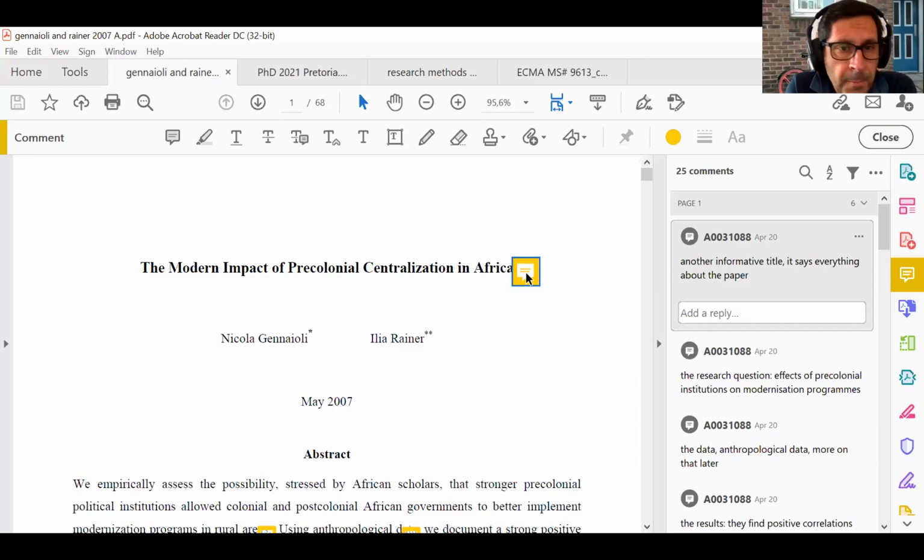So it's the modern impact of pre-colonial centralization in Africa, essentially telling us it's the contemporaneous impact of something coming from the past, which is pre-colonial institutions already in place in Africa, by John Aioli and Elia Reiner. It came out in the Journal of Economic Growth, which is one of the top subject journals in development economics.